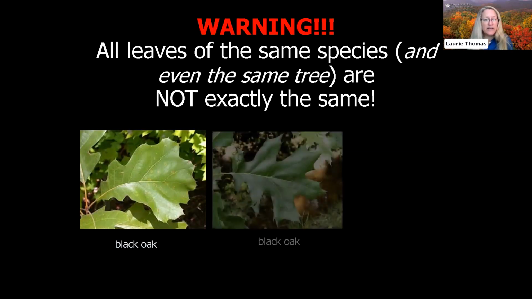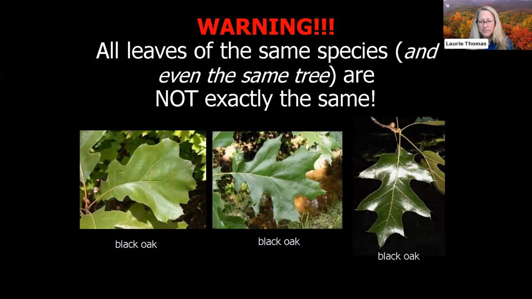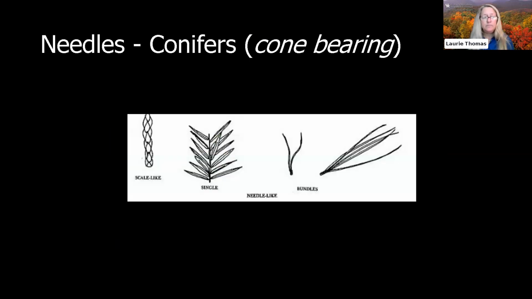Good big broad leaf there. Now there's a black oak, and it doesn't look nearly as broad. It's got much deeper sinuses and much broader lobes. And then this is a black oak, and this one almost looks like it's an evergreen. It's so shiny. So you want to make sure that you look at multiple leaves and multiple sets of needles if you're looking at an evergreen or needle type tree.